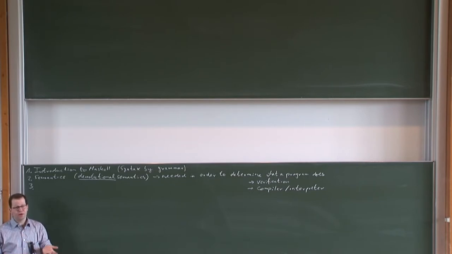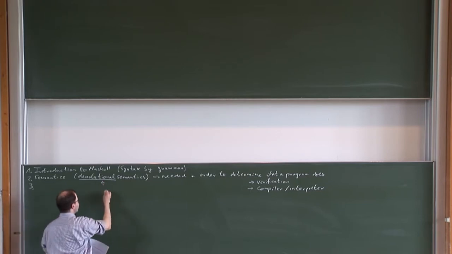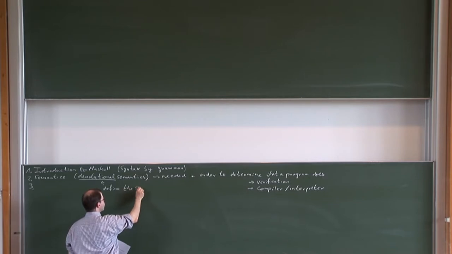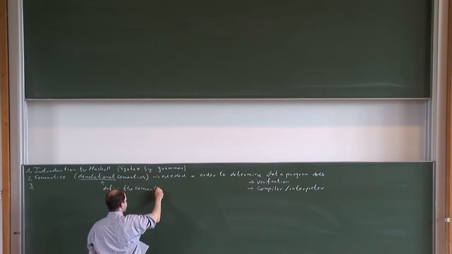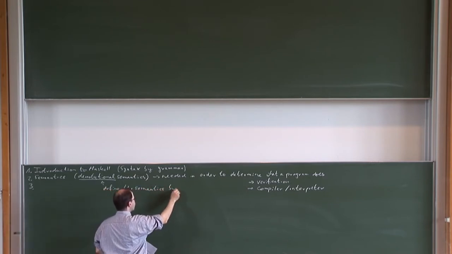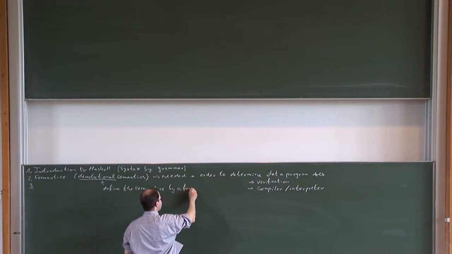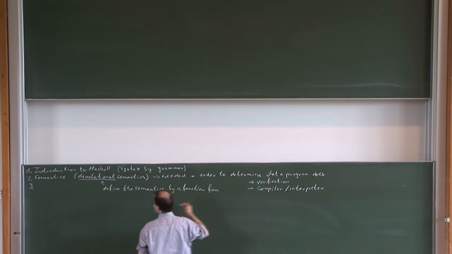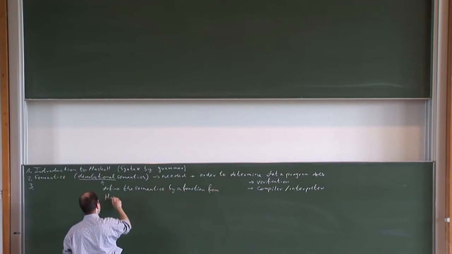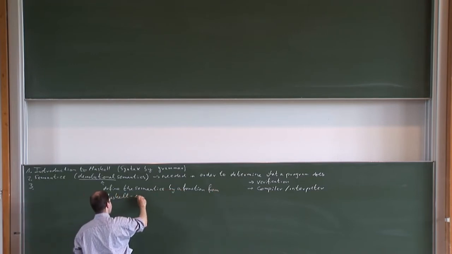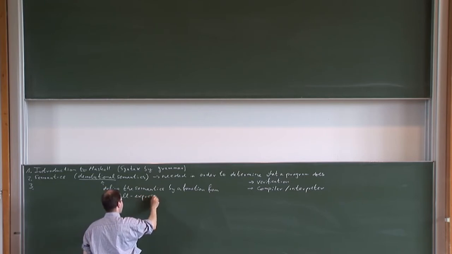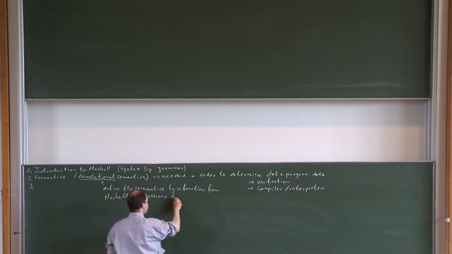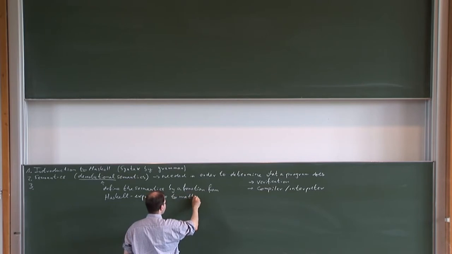And this way of defining a semantics is called denotational. So denotational means define the semantics by giving just a function or a mapping from Haskell expressions to mathematical objects.